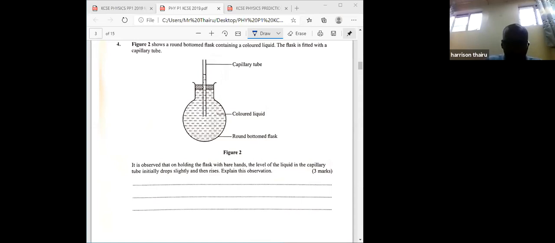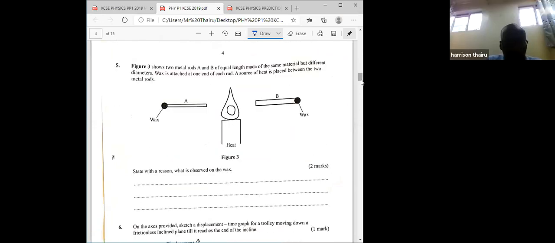The word fast ought to be there. This increases the volume. So the second mark is showing that there is an increase in the volume of the flask, so the level is going to drop. Then the other mark is to show that the liquid expands more or faster than the flask. So that's how we can work on such kind of a question.